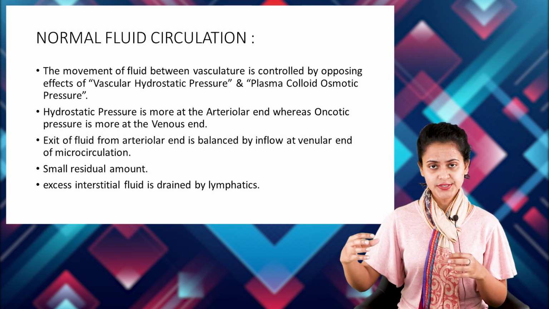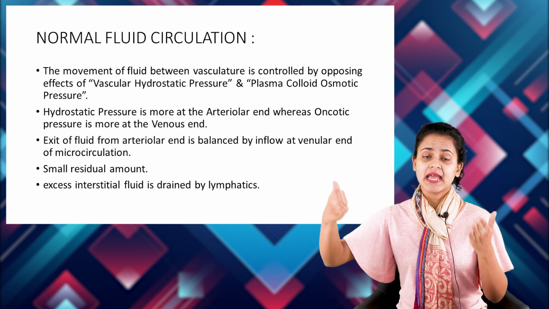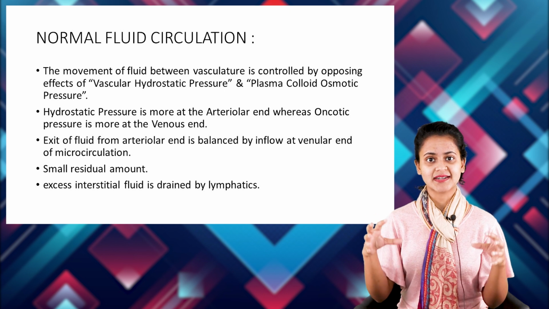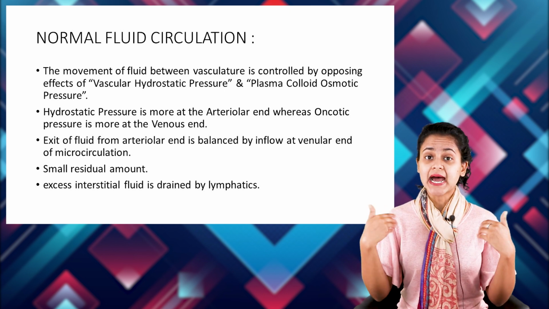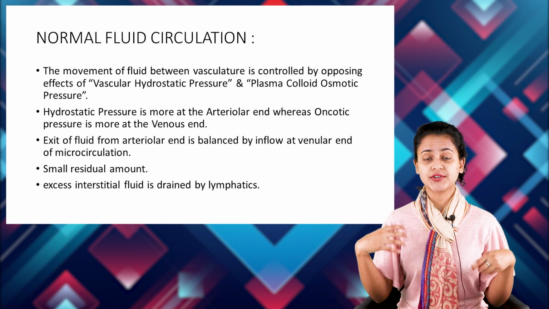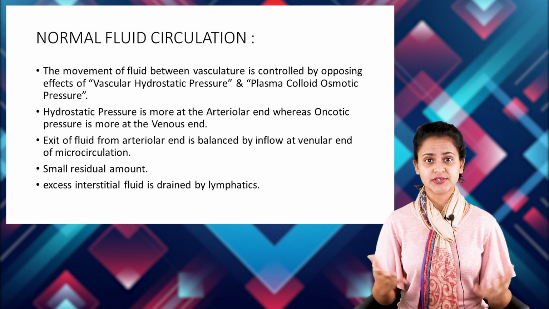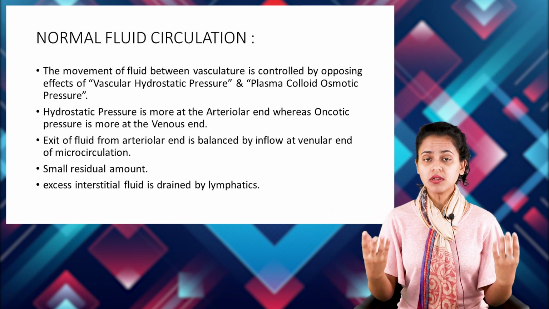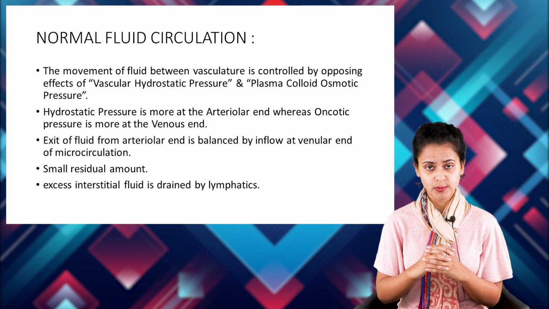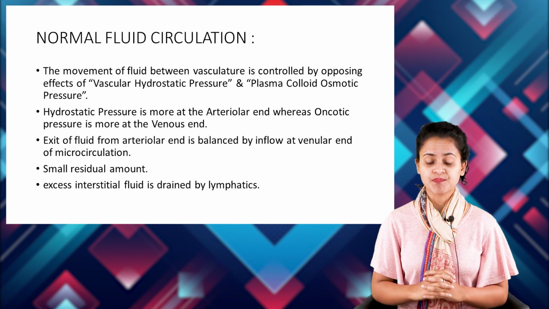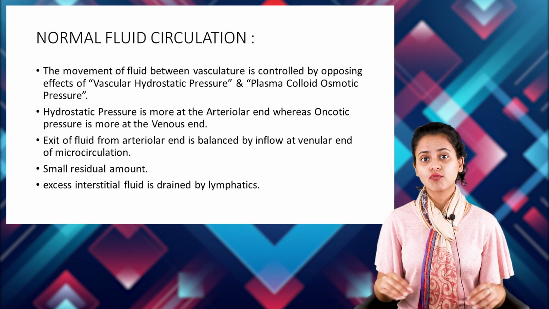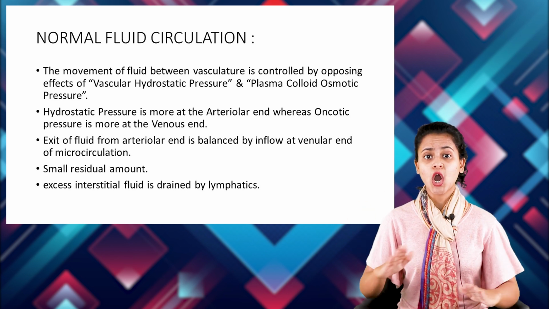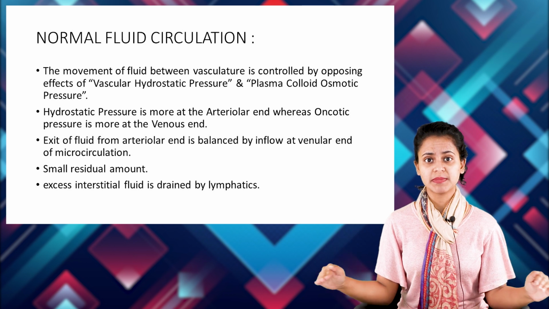The exit of fluid from the arteriolar ends and the entrance of fluid into the venular ends is balanced at the microcirculation. That is how our extravascular and intravascular, intracellular and extracellular fluids maintain a balance. A small residual amount of extravascular fluid is almost always found, and excess interstitial fluid is drained through the lymphatic channels. That is how the whole normal balance is maintained.